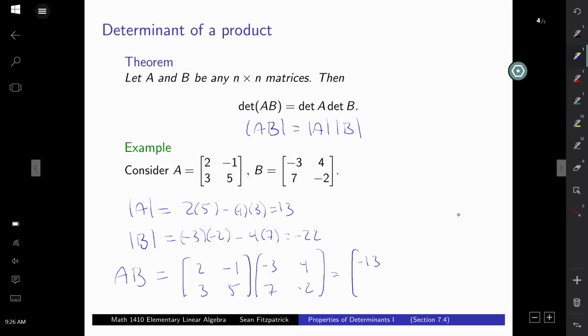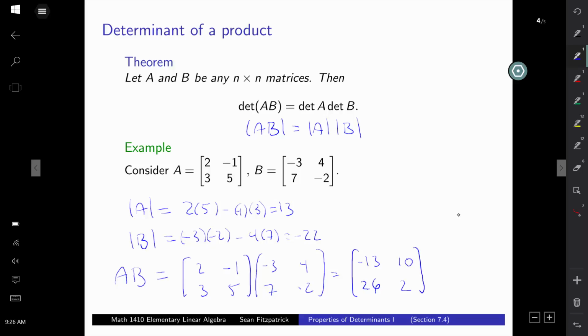Then 8 plus 2, I get 10. Minus 9 plus 35, 35 minus 9 gives me 26. And then 12 minus 10, I get 2. Okay. So there's A times B.